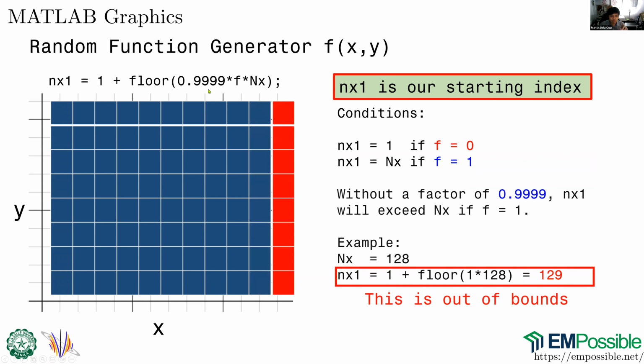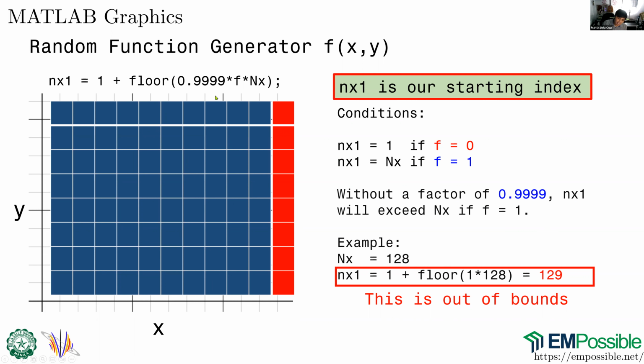If you don't put this 0.9999 here, your NX1, or your starting index, if F is equal to 1, will exceed the total number of elements along the X, which is 128. It will give you 129, which is out of bounds. It will throw an error in MATLAB. So you make sure that you have 0.9999.